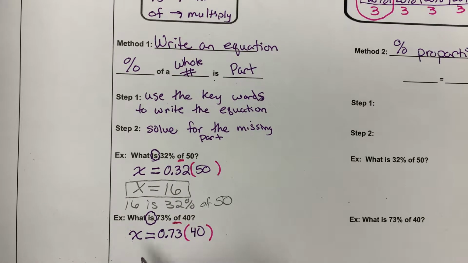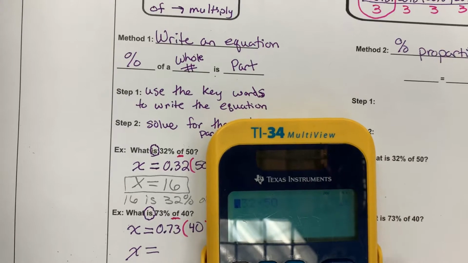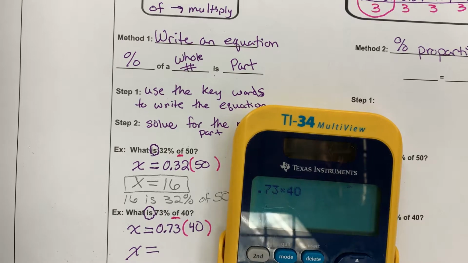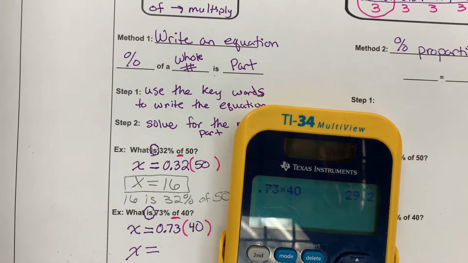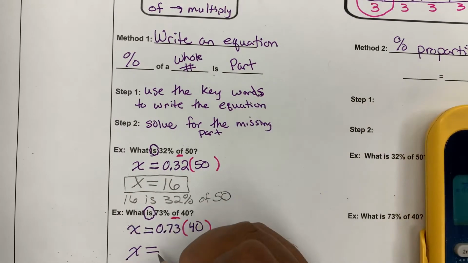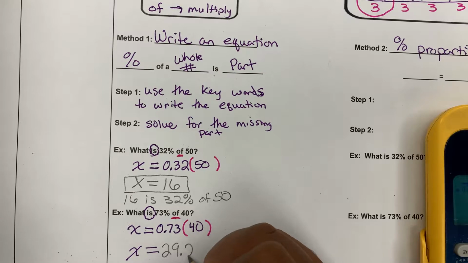So to find out what number is going to make up 73%, so a big chunk of 40, we're going to find that out by multiplying. So I'm going to have x, and let me pull out my calculator. So we have 73 hundredths times 40 gives me 29.2. So 29 and 2 tenths.